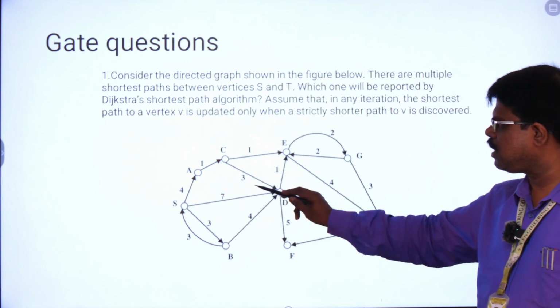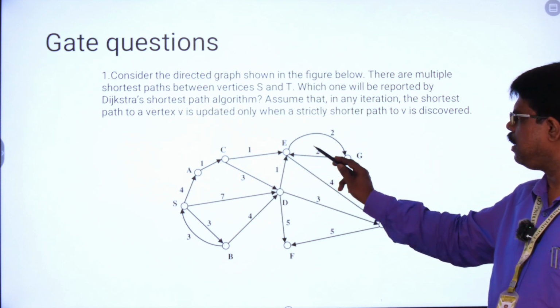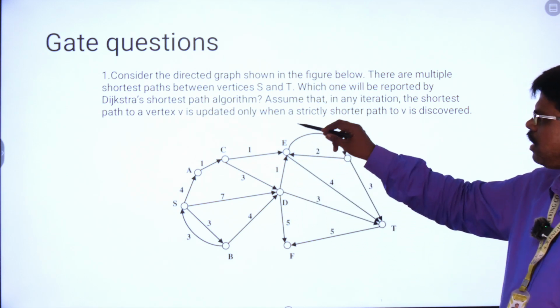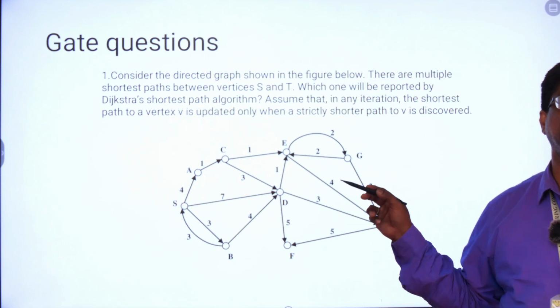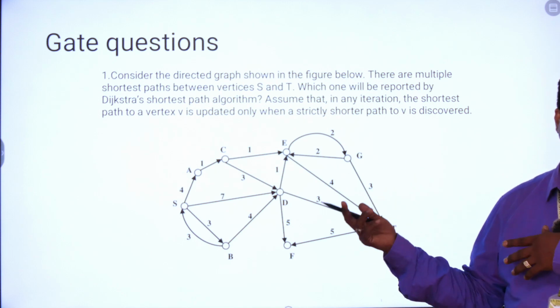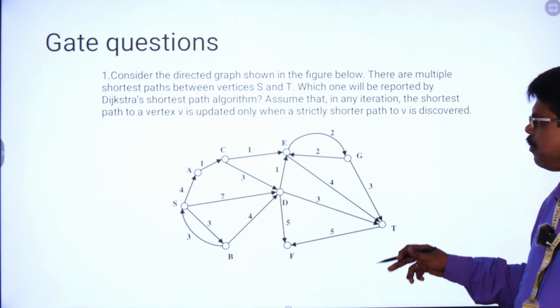So if you start with S, A, C, E, G, T, D, F, D. So these are the various nodes and various paths are given with values. Now we have to find out the solution which is the shortest path in this graph. Okay.